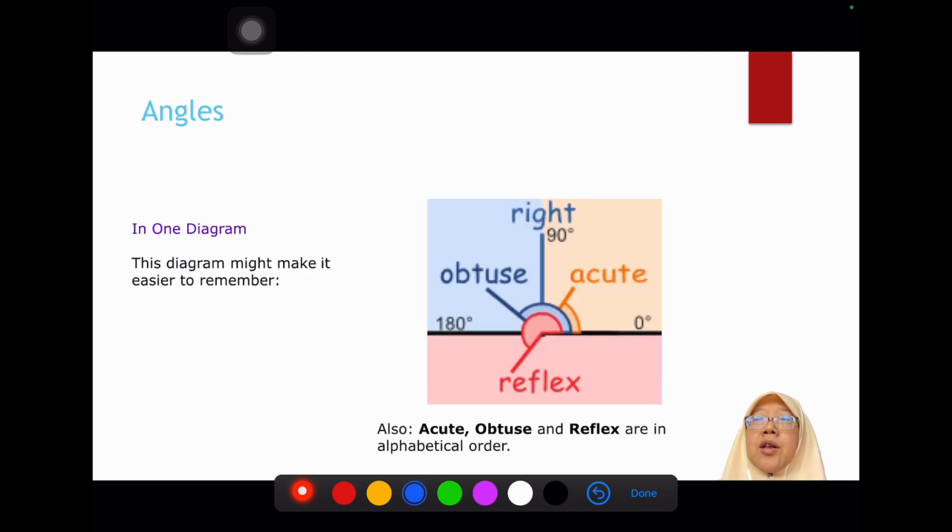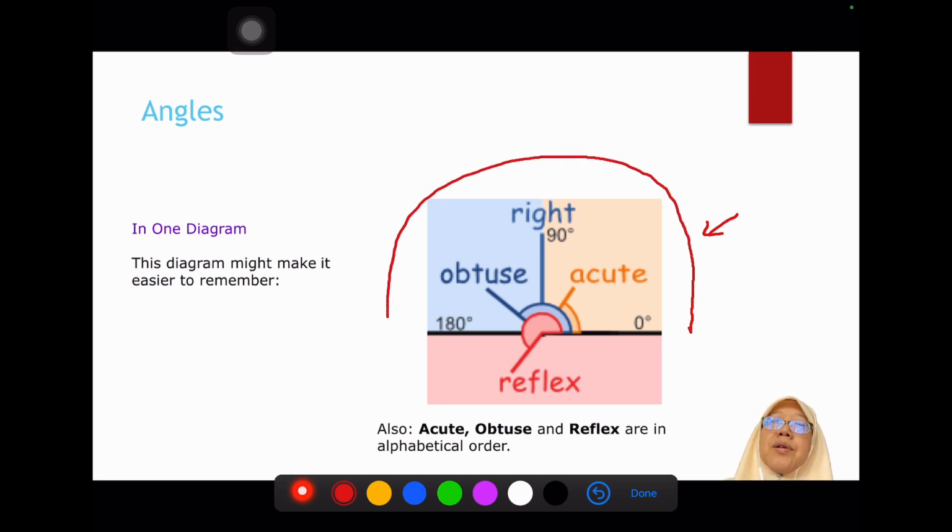So in a single diagram, you put everything together and you have this. It's rather cute. So we will start from right and then we go all the way around. From the right, the first stop will be at acute.